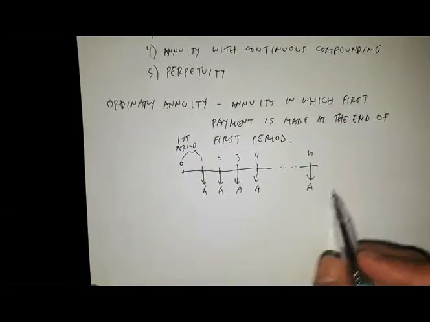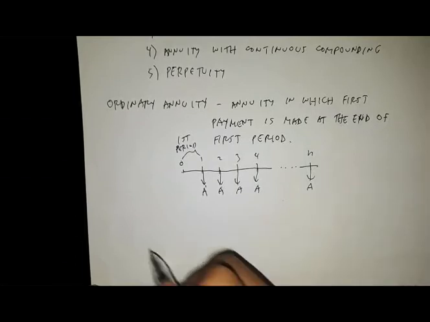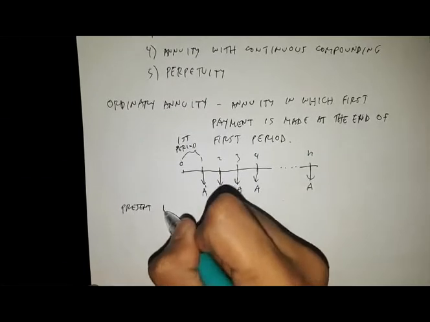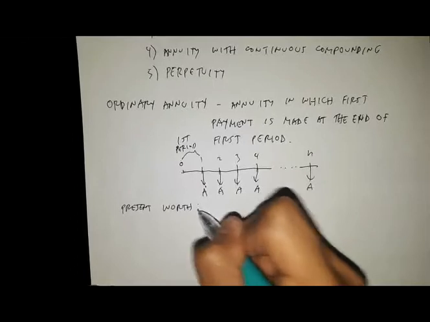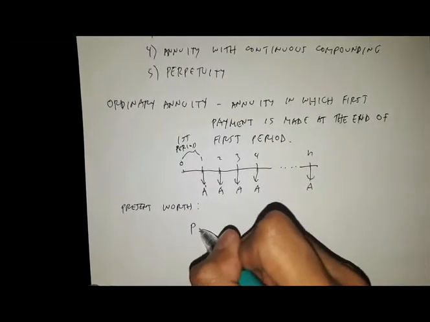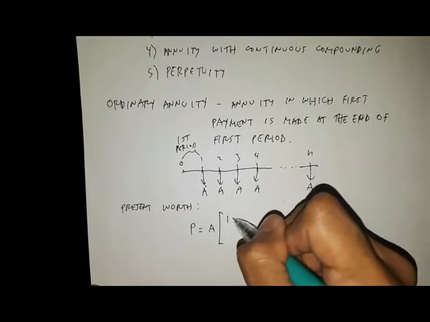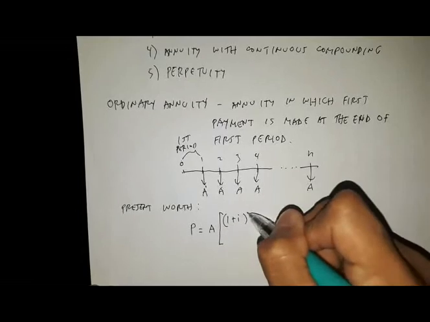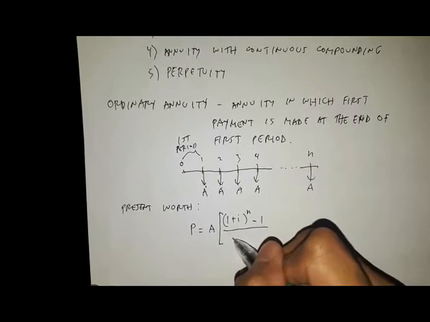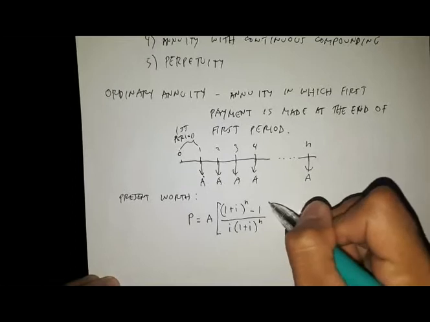So, we have the formula for the ordinary annuity for the present worth, P, and the future worth. Present worth, if you have the given A, your P is equal to A multiplied by the quantity of (1 plus i) raised to n minus 1 over i times (1 plus i) raised to n.